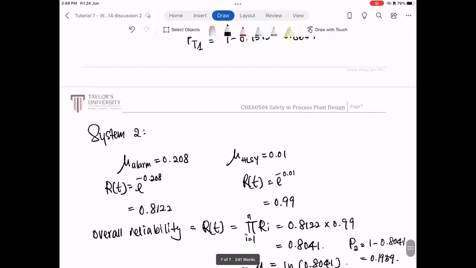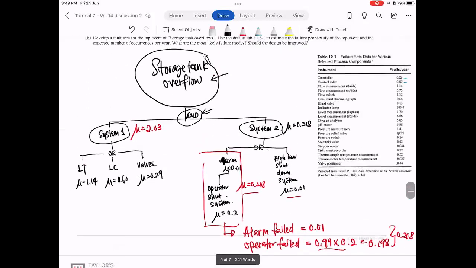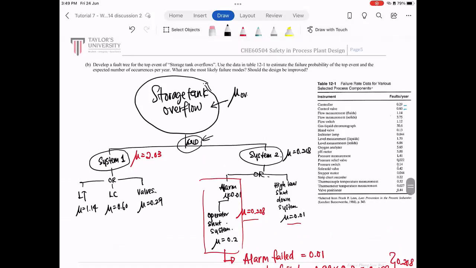So the overall system in this case, the overflow overall, is 0.1865. Okay, mean time between failure is 1 over 0.1865, which is 5.3 years.